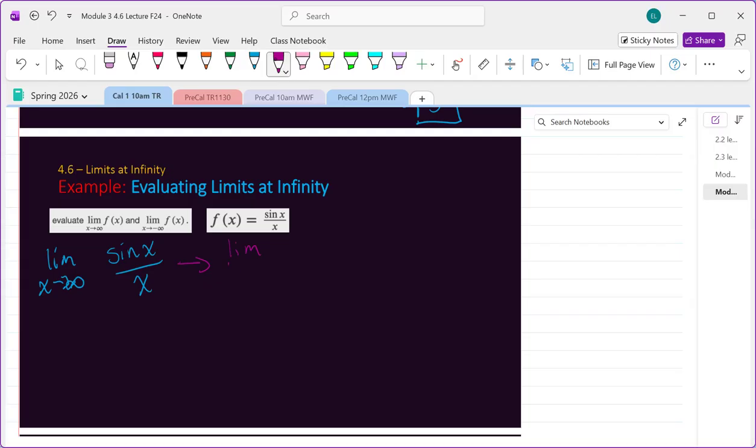So I'm just going to distribute the limit to the top and the bottom. And this is not necessarily a step you have to write out, but it should be a thought you're having as you're doing these initially.